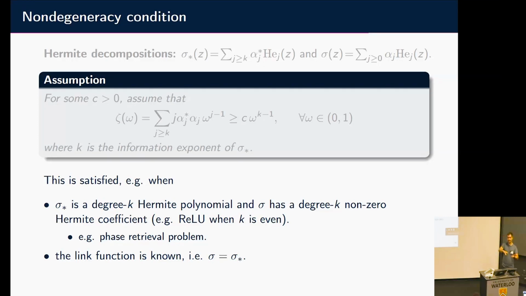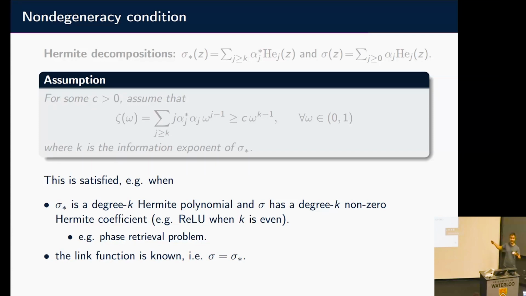For example, if you're interested in the phase retrieval problem, which is information exponent 2, you can take the activation function ReLU, or you can also consider that if the model is specified, meaning the link function is known, this condition is satisfied. So it needs to be verified on a case-by-case basis.